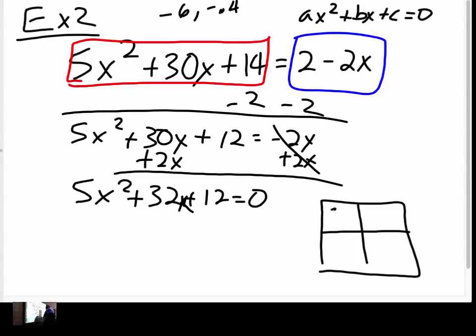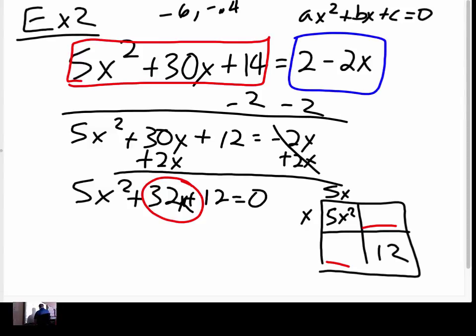So then I've got 5x squared plus 12. Now this is going to be a little trickier than normal. I've got 5x times 1x. I've got to keep that in mind. Remember that these two terms have to add up to 32x. Now 12, I think it's going to be 6 and 2.